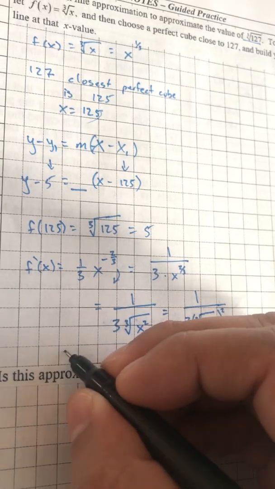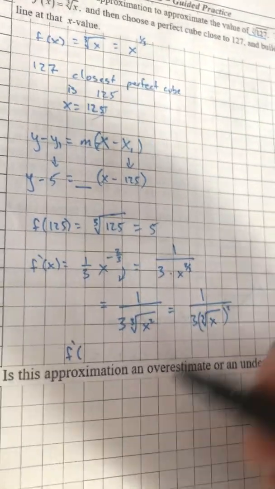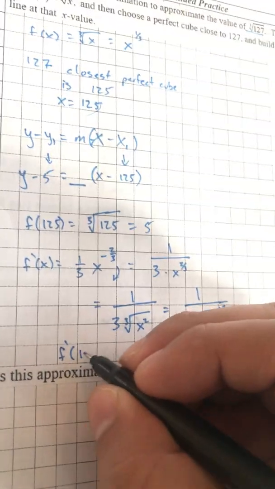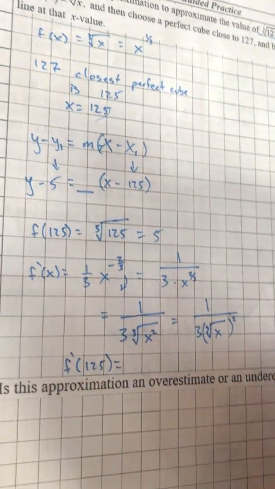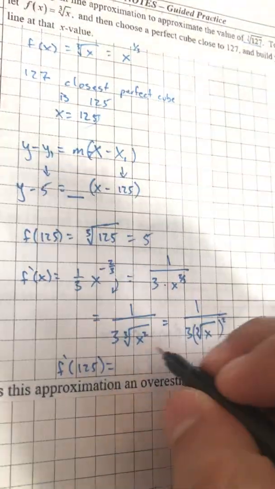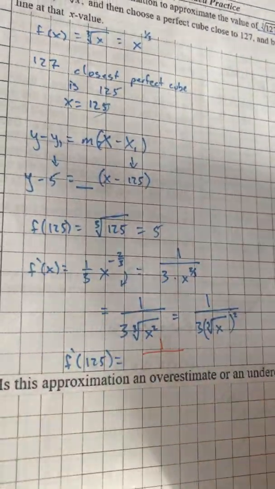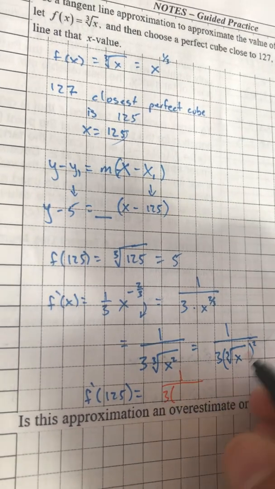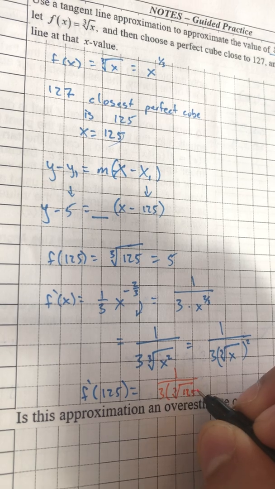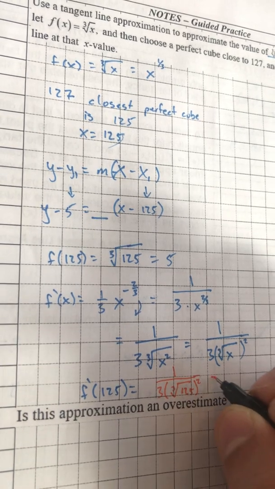So now we need to plug in f prime of what? Our x1 value, which is 125, right? So it's going to be 1 over 3, and then we have the cube root of 125 squared.